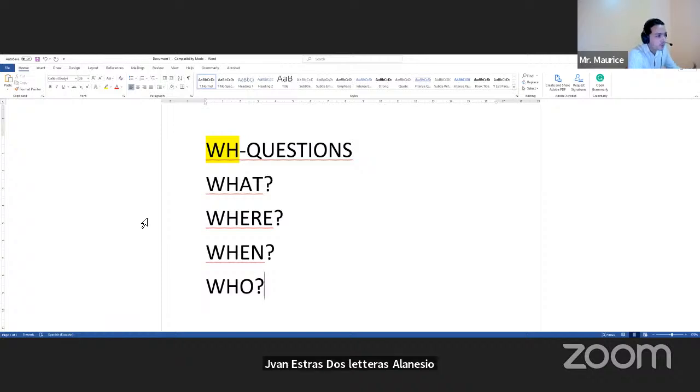WH question. What, que significa qué, pues utilizamos esta palabra al inicio de una pregunta cuando necesitamos saber sobre cosas, objetos. Number two, where, que significa dónde. Utilizamos esta palabra al inicio de una pregunta cuando necesitamos obtener información de lugares, places.